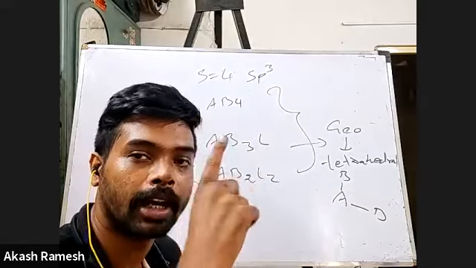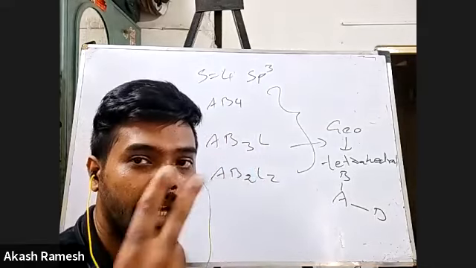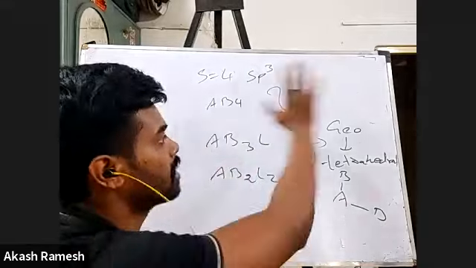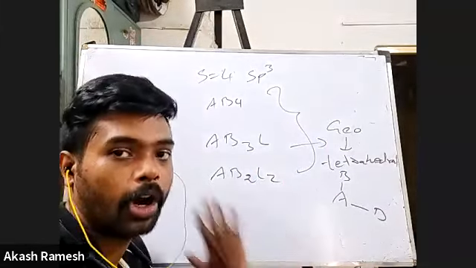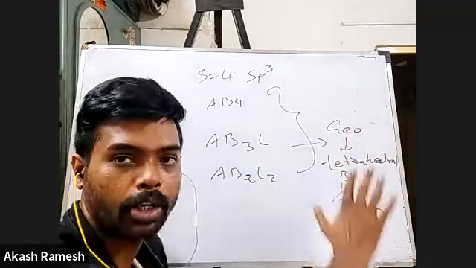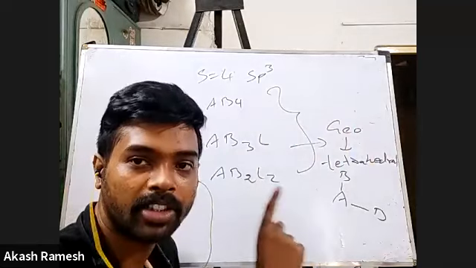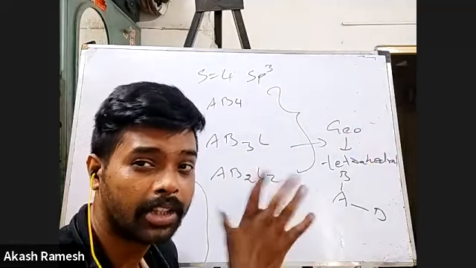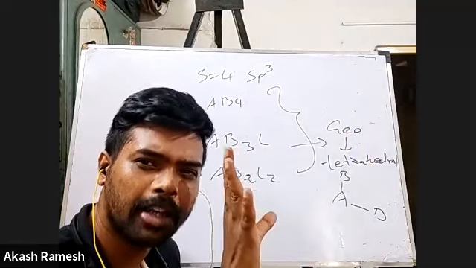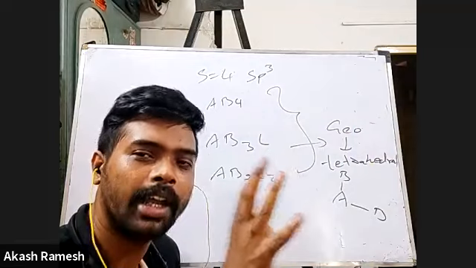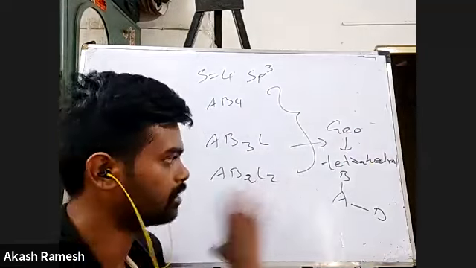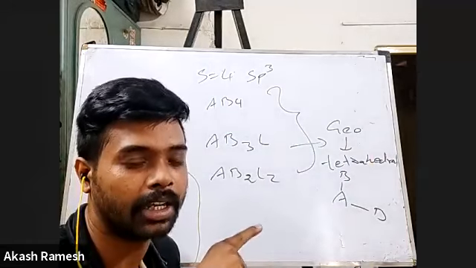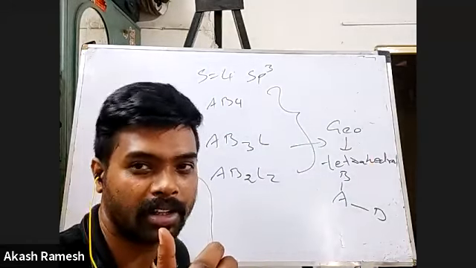So with the linear shape as well as the trigonal planar shape, all the bonding atoms were in the plane of the board, right? This is the first time you're going to see a 3D structure. So how will I represent a 3D structure in a 2D plane? This is a 2D plane, but I have to make you understand that this is 3D. So for that, we can use some representations.